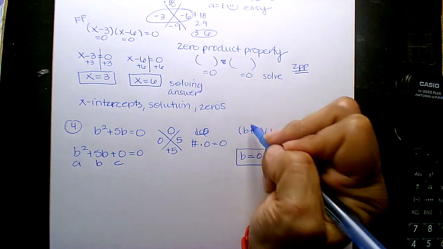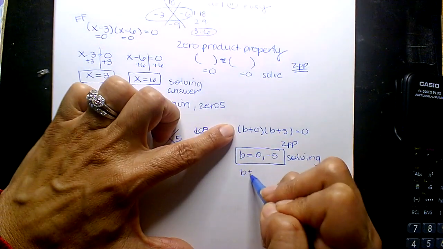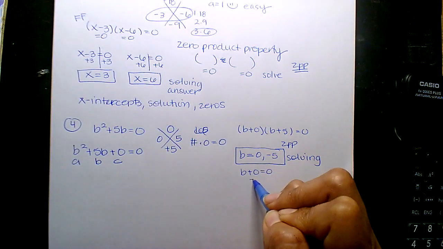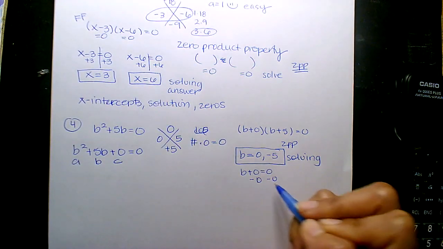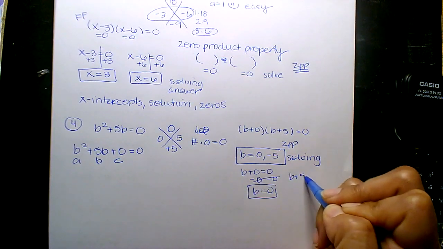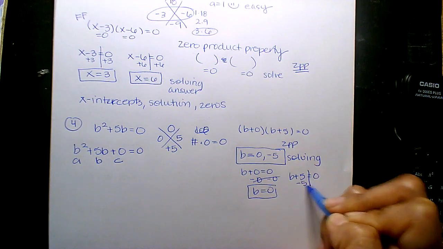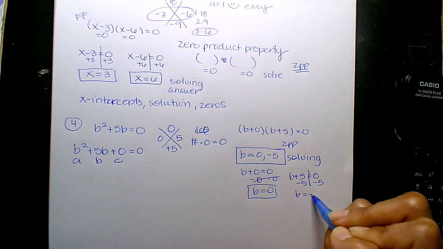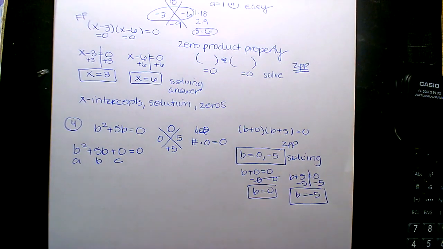If I perform the zero product property, I get b plus 0 equals 0. You don't really subtract 0, it's just b is 0. And then b plus 5 is equal to 0, so b is negative 5. The reason you go opposite is because you're inverse operating. So you could do this in a lot fewer steps.